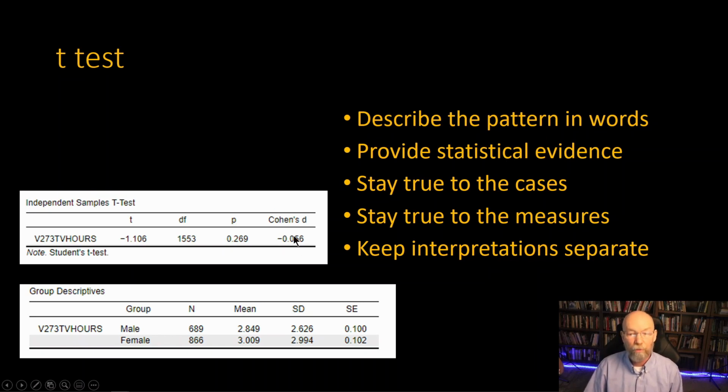Well, we don't have much strength of effect, so we don't reject the null. We actually have a p equal to 0.269. So there's a 0.269 probability, so it's basically a 1 in 4 chance that we could get these results with the null hypothesis being true in the population. All right, so men and women basically watch about the same hours of television.